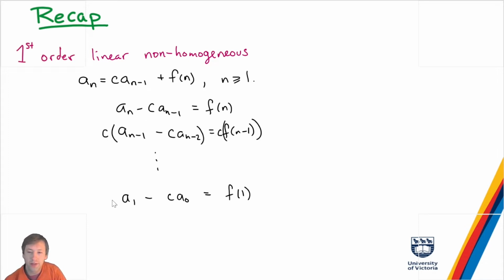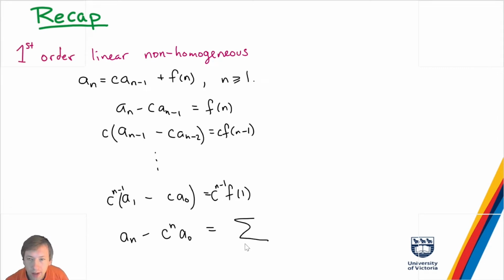So the first one is c to the 1, the last one's going to be c to the n minus 1. And if you think about how this telescoping thing works, it's always kind of the same thing, right? You end up with, on the left side, a_n minus c to the n a_0 is equal to some kind of a sum. So let's say the sum k equals 1 to n of c to the n minus k f(k), right?